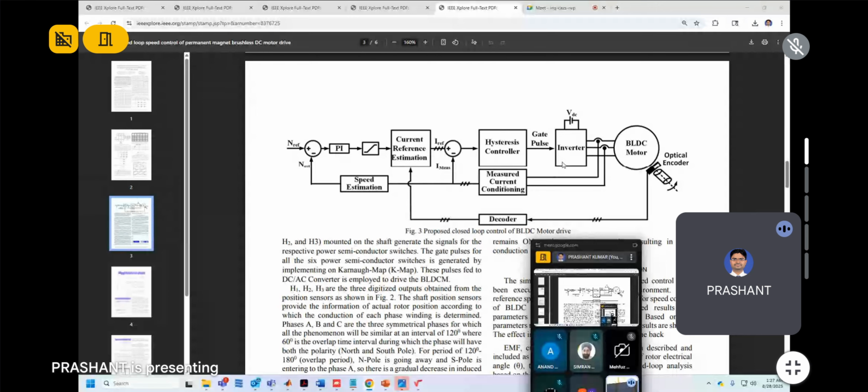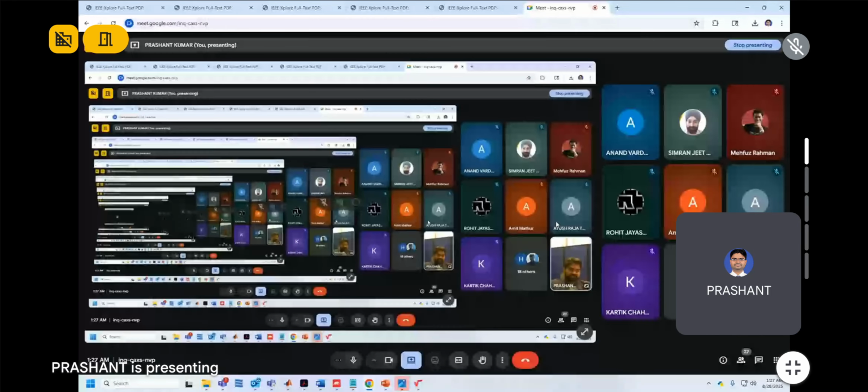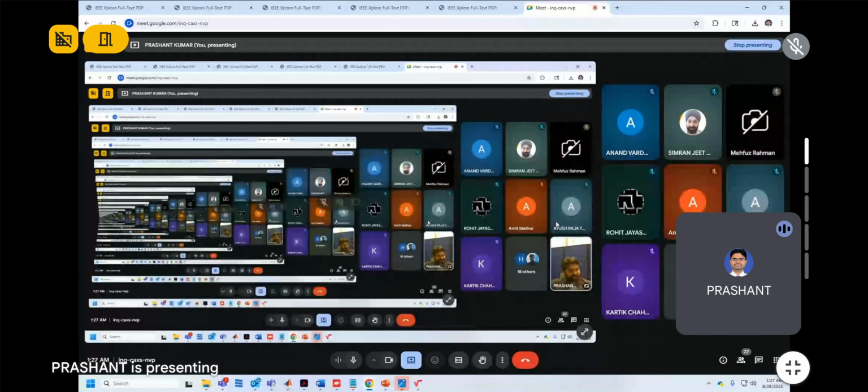This was the hysteresis control that we have discussed already. This is the inverter. So one risk was damage of the Hall sensors. One disadvantage was extra spacing. To purchase this disk and Hall sensors, we will have to invest some money, so it is also costly. This was the third disadvantage.